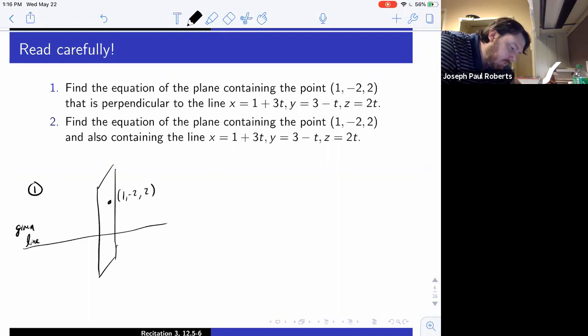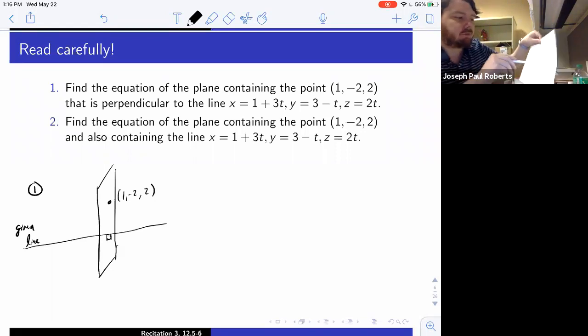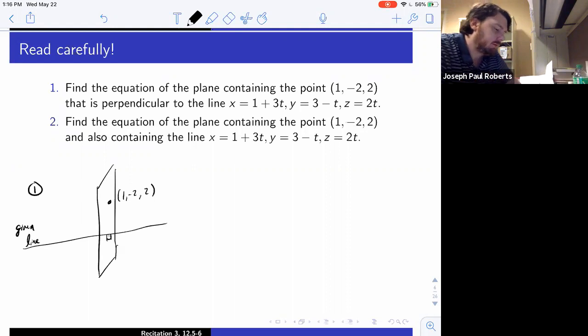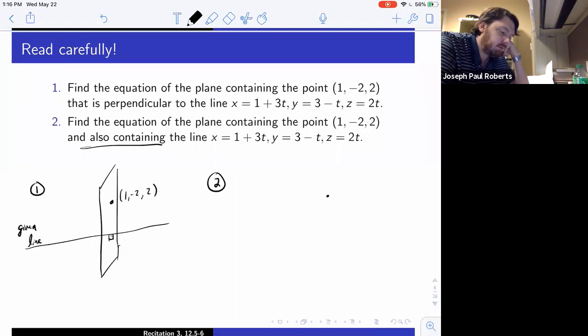So the picture you want to have in mind for this is something like that: the line is going directly through the plane that we're looking for. Whereas in question 2, it says that the plane's supposed to also contain this line.